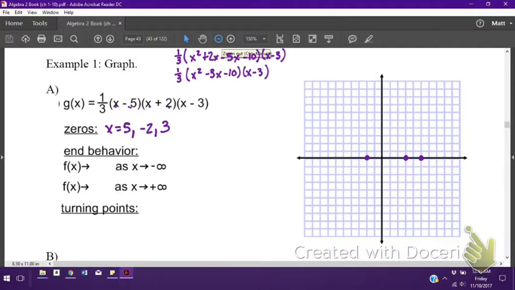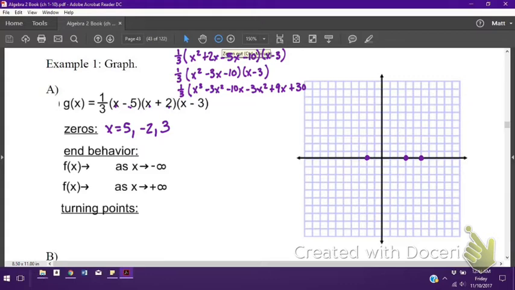Alright, so then we're going to distribute again. So I got the 1/3 on the outside, x squared times x is x cubed, negative 3x times x is negative 3x squared, negative 10 times x is negative 10x, and then I got negative 3x squared. And then I get a positive 9x and a positive 30.